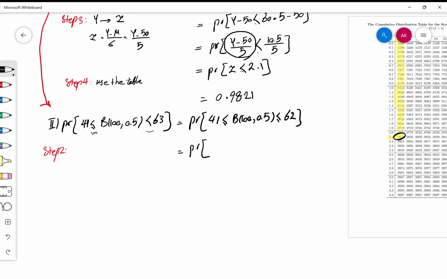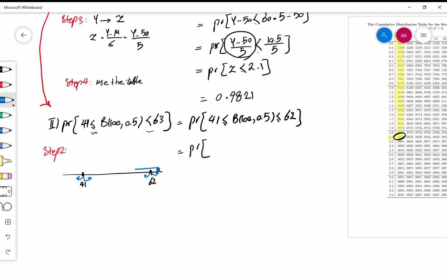Remember that if we have continuous, the discrete from 41 to 62, we go halfway up, halfway down on each one of these, and then everything in between.